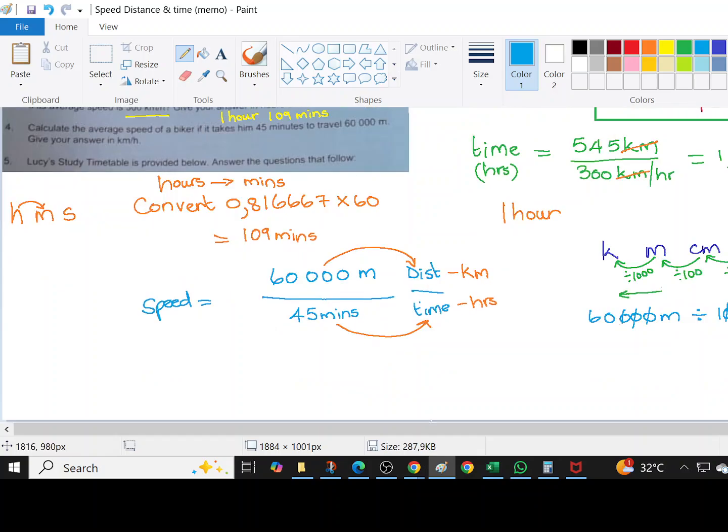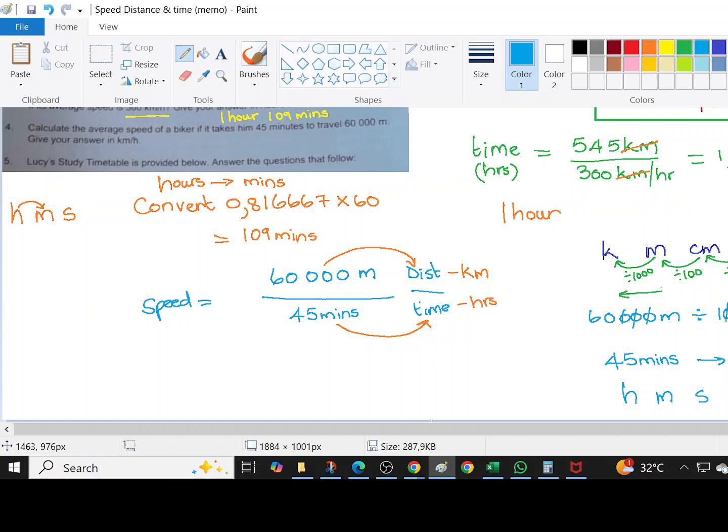Now let's do the time conversion. 45 minutes to hours. So that jumping method thing is hours, minutes, seconds.